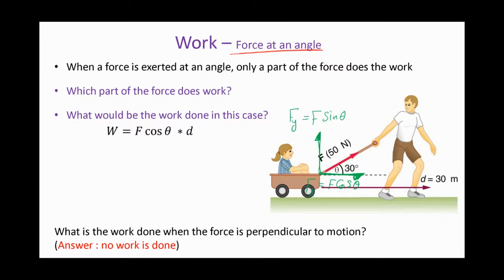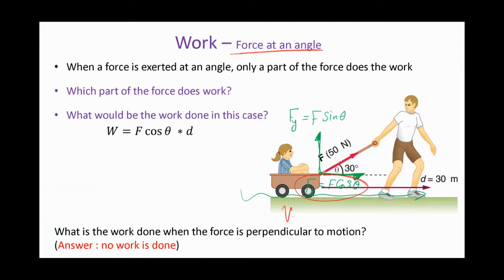And then we need to ask ourselves, where is the motion? The motion is horizontal. So which component caused the motion? The horizontal or the vertical? Yeah, horizontal. So the horizontal one causes the motion.